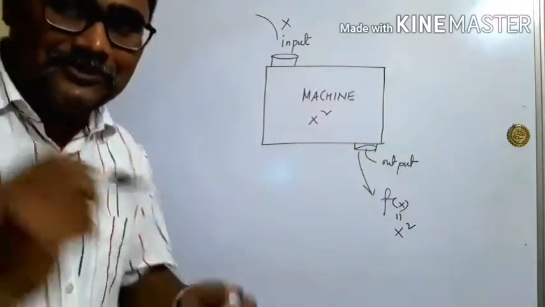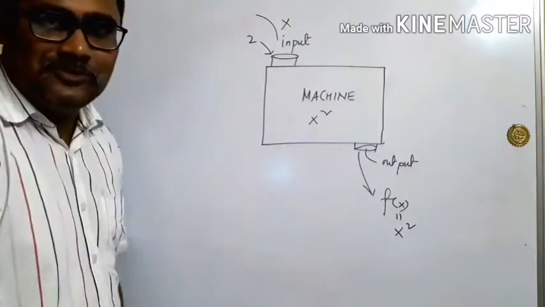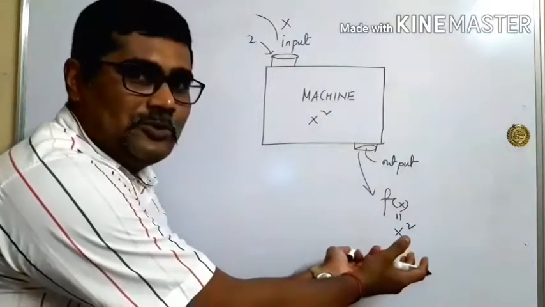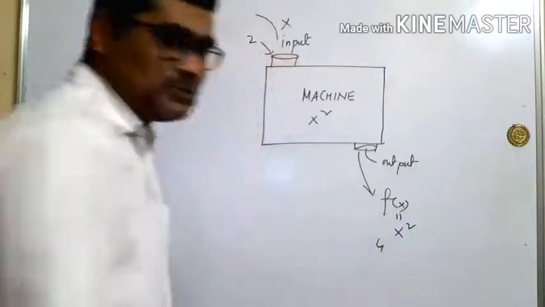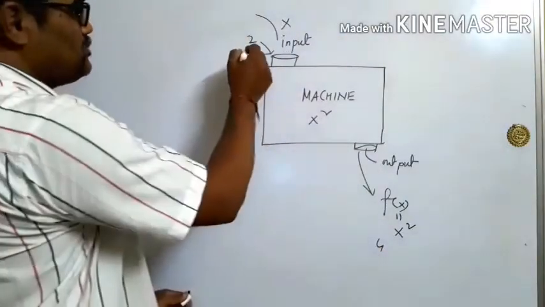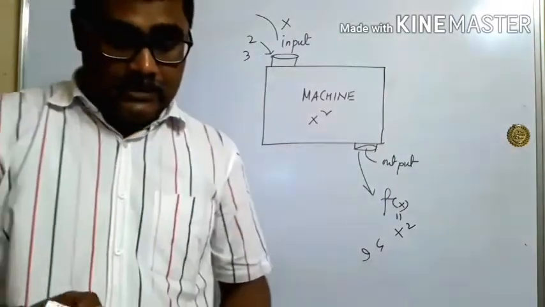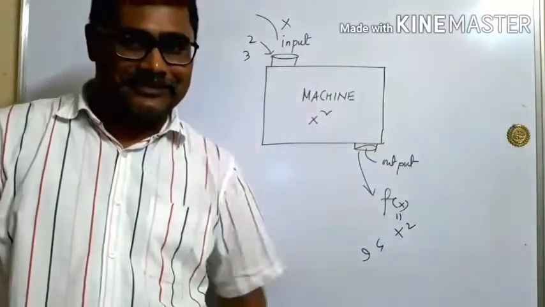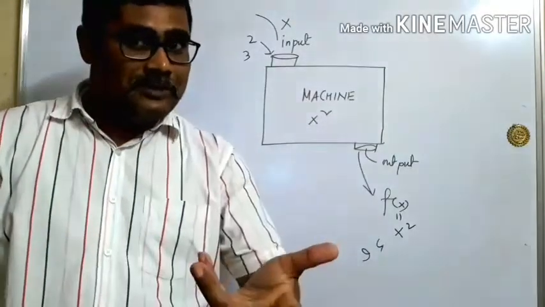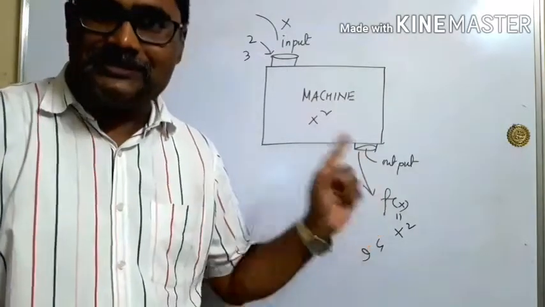Now you see how it works. Supposing that you are putting 2 here as an input, you hold your hand like this, what you will get in your hand? It will be 4, 2 square you will get, right? If I put 3, what I will get? 9 I will get, right? Now, will that be a function? It will be, because you are doing a square.